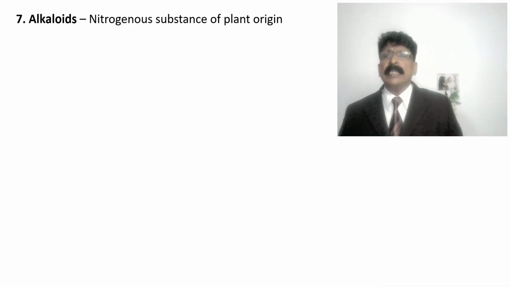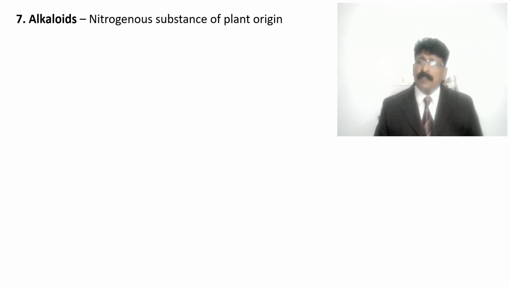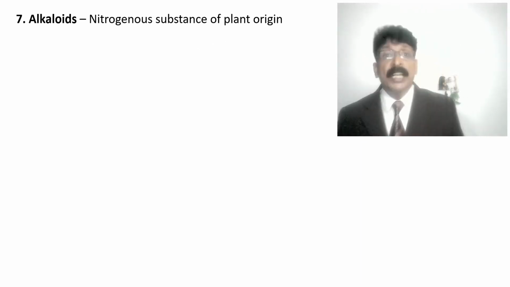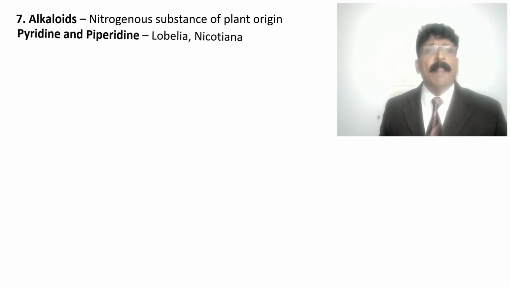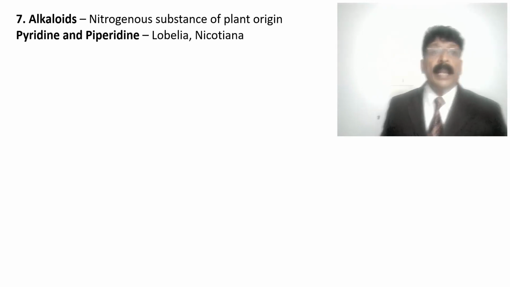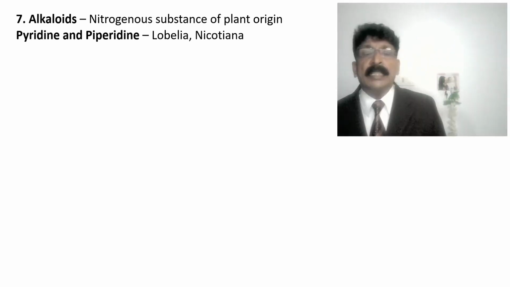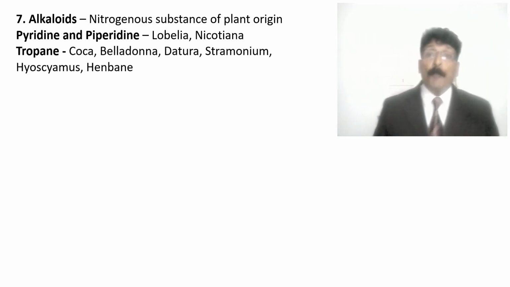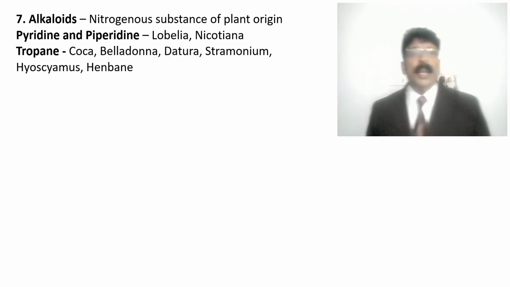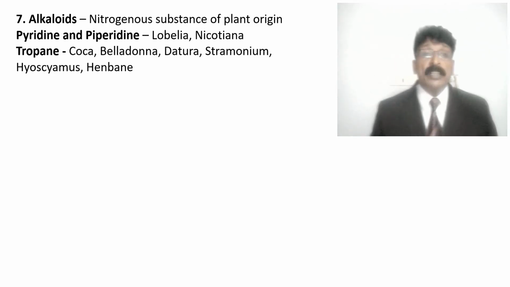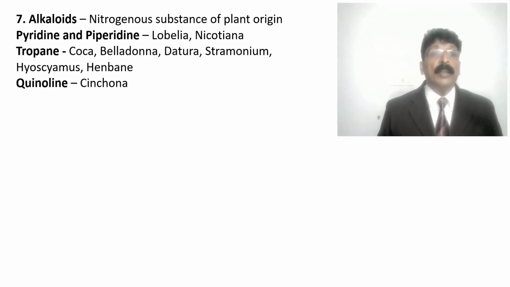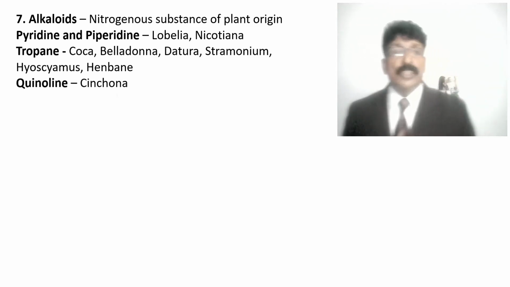Next is an important division of chemical classification: alkaloids, nitrogenous substances of plant origin. Examples like pyridine and piperidine derivatives of alkaloids: lobelia, nicotiana. And tropane alkaloids: coca, belladonna, datura, stramonium, and hyoscyamus, henbane. And quinoline alkaloids, cinchona.